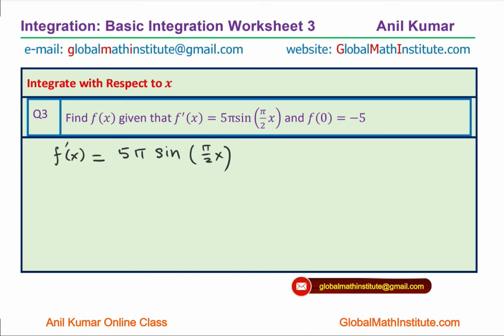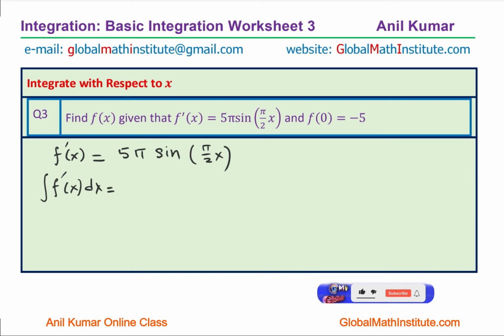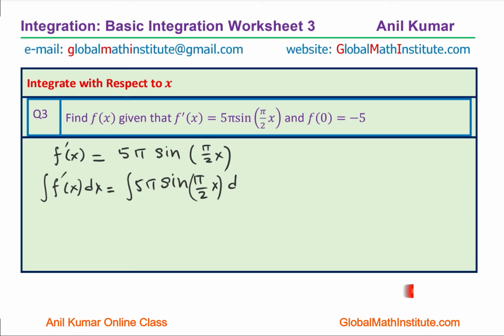So the integral of this with respect to x will be the integral of 5 pi sine pi by 2x with respect to x. Integral of derivative is the function itself, and here 5 pi is a constant.